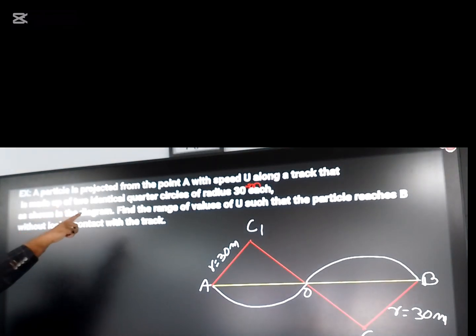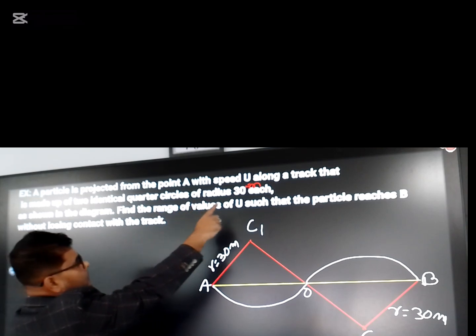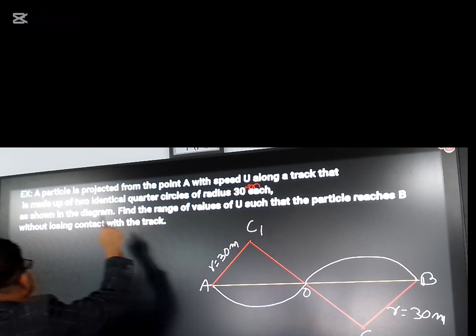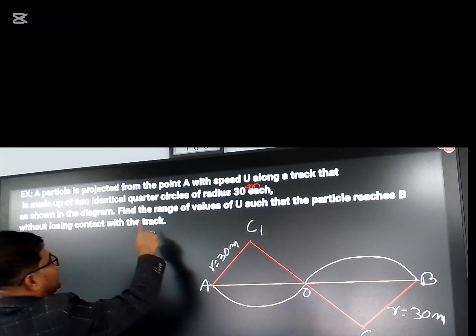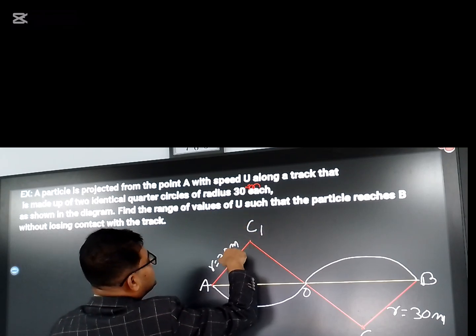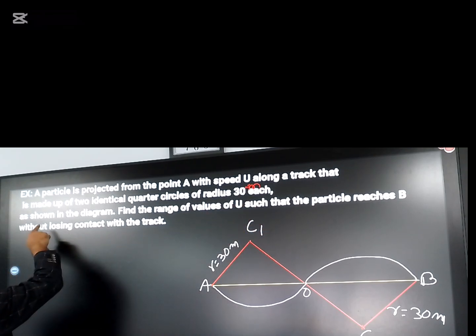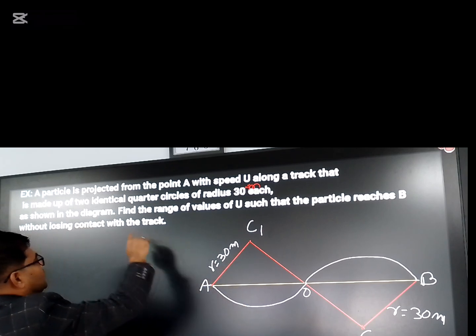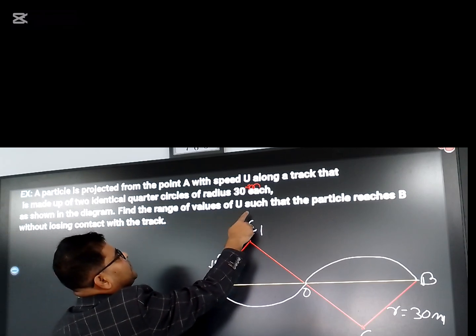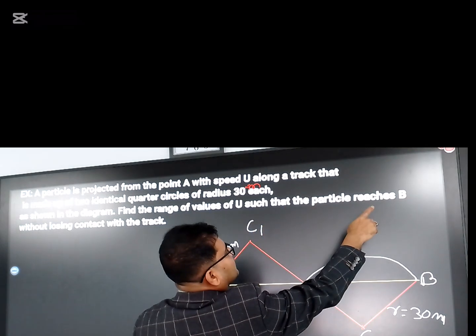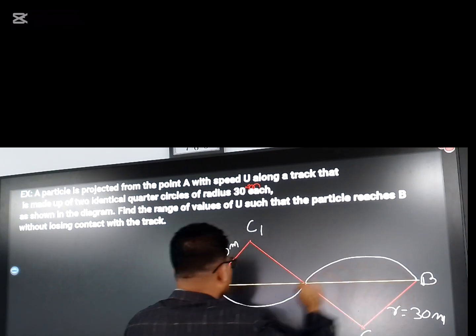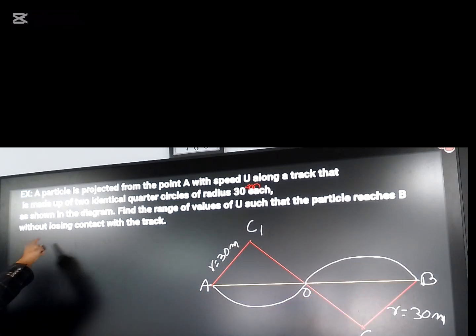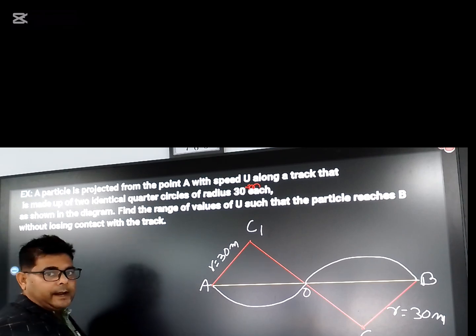A particle is projected from the point A with a speed u along a track that is made up of two identical quarter circles of radii 30 meters each, as shown in this diagram. Find the range of values of u such that the particle reaches B, the position B over here, without losing contact with the track.